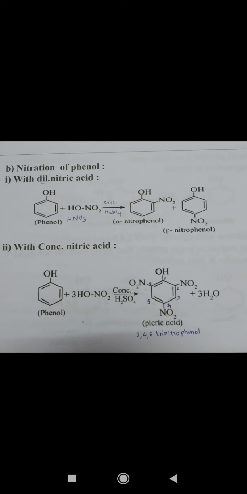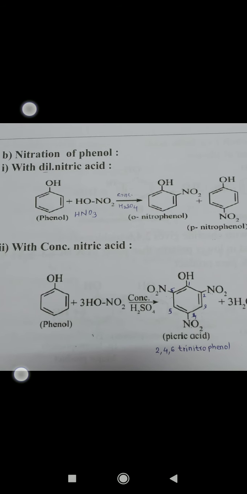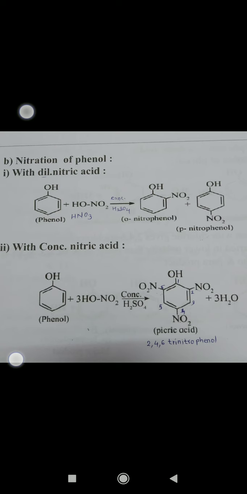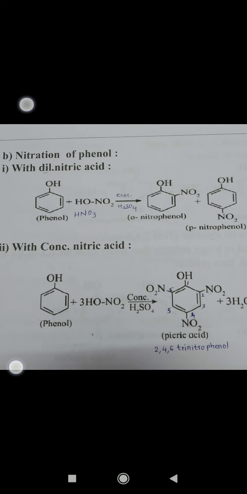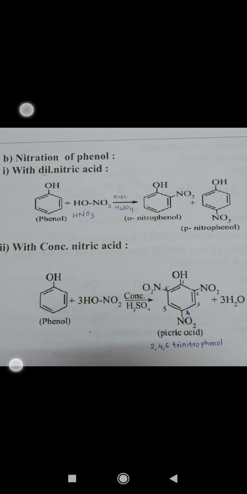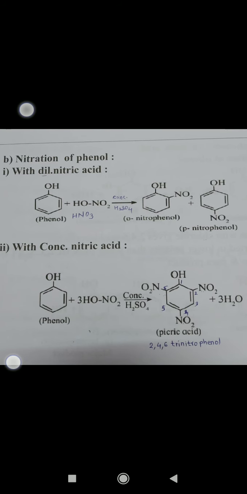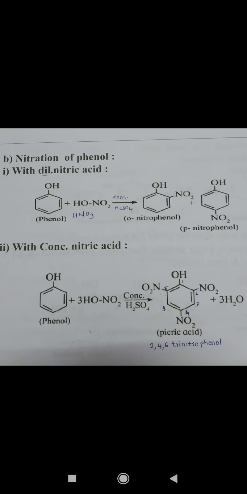Next is the nitration of phenol. With dilute nitric acid, phenol gives ortho-nitrophenol and para-nitrophenol, and with concentrated nitric acid it gives picric acid, that is 2,4,6-trinitrophenol.